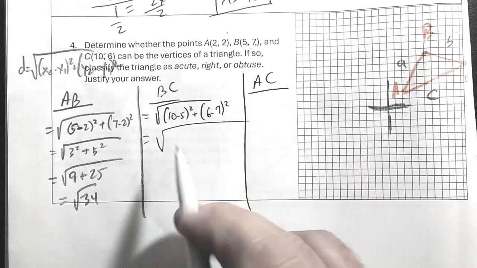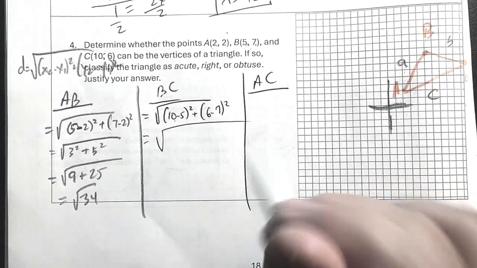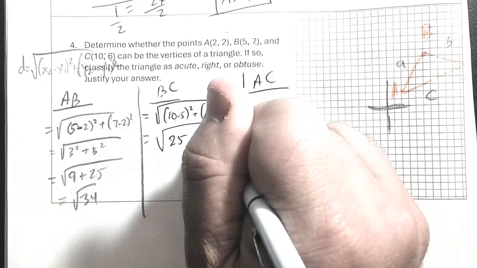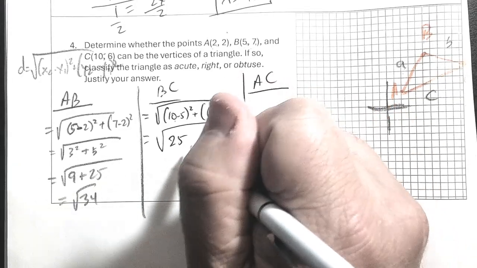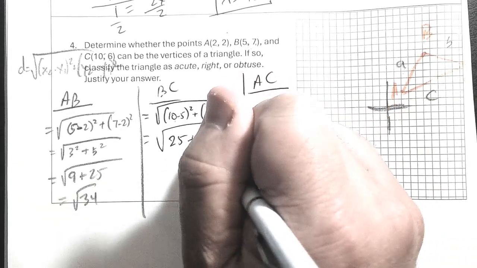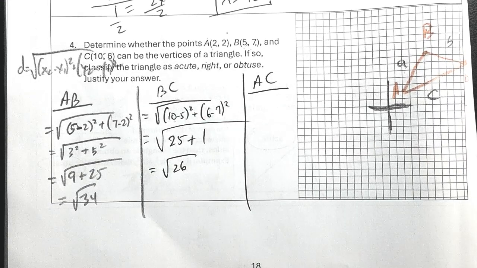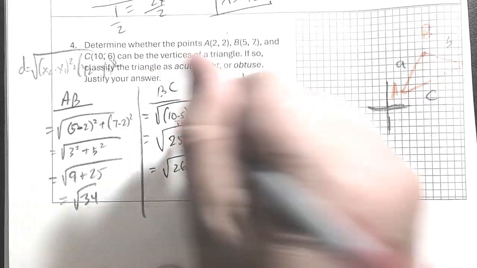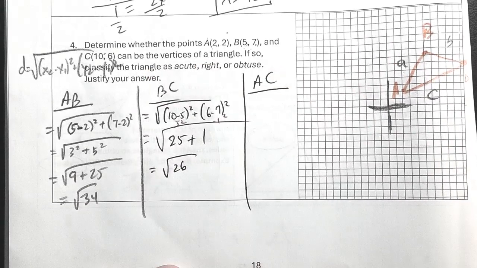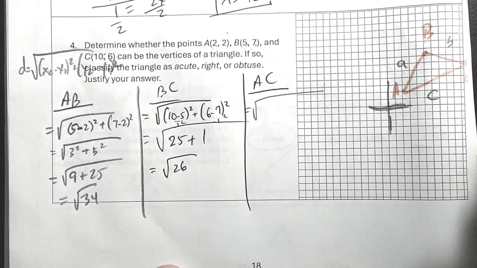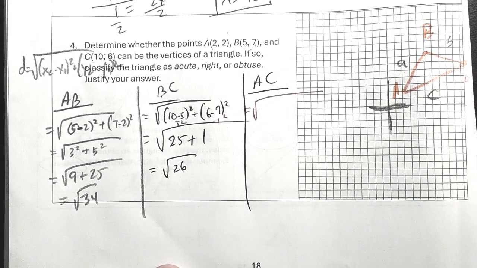All right, so 10 minus 5 is 5. 5 squared is 25. 6 minus 7 is negative 1. Negative 1 squared is 1. So we're going to end up with the square root of 26 here. You just see I squared it. So it was 5 squared, 1 squared.